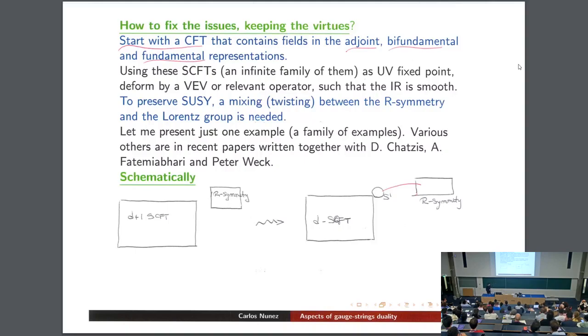Deform them by a circle compactification, and to preserve SUSY, make a mixing, a twisting between the R symmetry and the Lorentz group. So the idea is represented here. We will have a D+1 superconformal theory with some R symmetry. We are going to compactify on a circle the D+1 conformal theory, breaking conformality, but in order to preserve some SUSY, we'll need to make some mixing between the R symmetry and the Lorentz group.